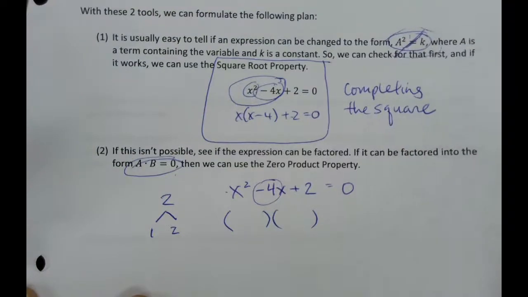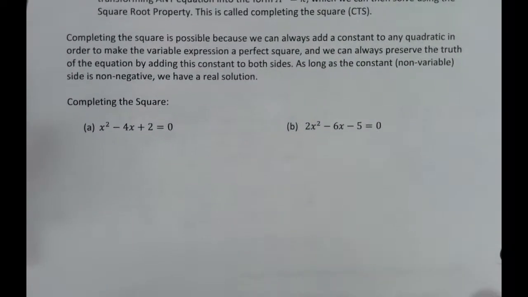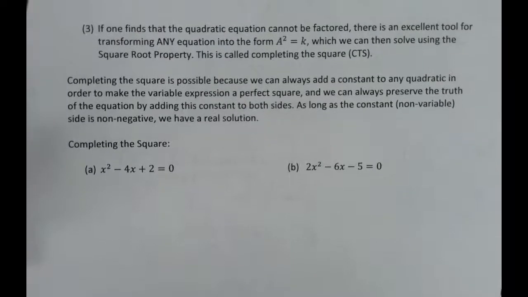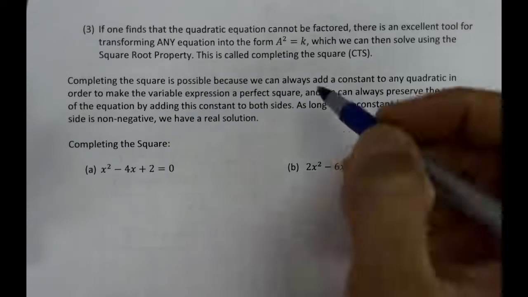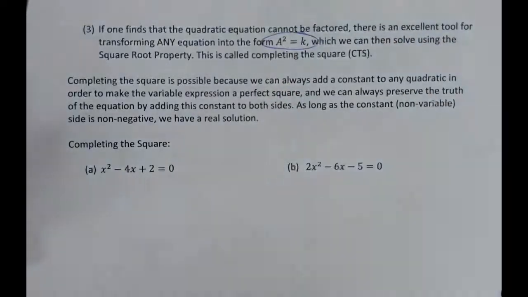This is kind of the third method, which really could be a subset of the square root property, only it takes some transformation to get it into that form. That is the process of completing the square.